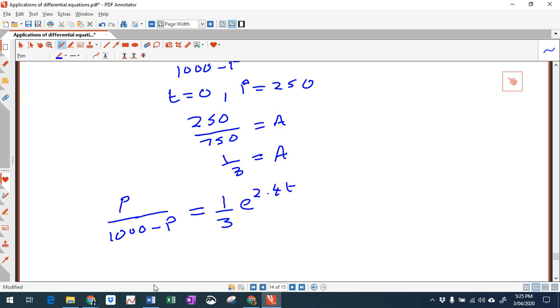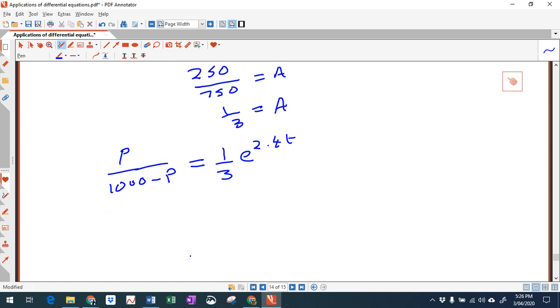Okay, good. All right, so next step, we can get rid of that 1/3 there by putting this as 3P over 1000 minus P equals E to the 2.4T.